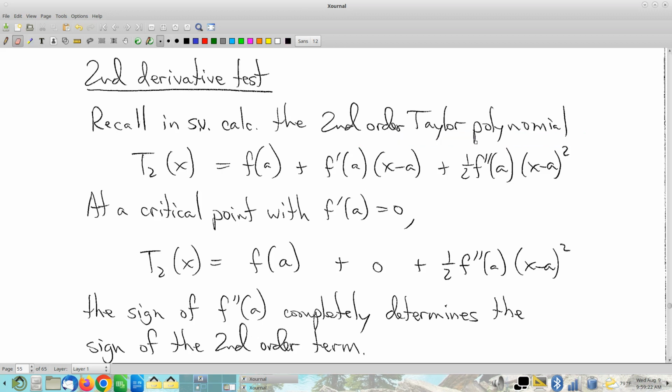Okay, so here we are with the second order Taylor polynomial for a single variable function. And I hope everybody remembers this business, right? So anyway, there it is. There's the Taylor polynomial. Now a critical point, right? Let's look at what happens when f prime is equal to 0. Well, if f prime is equal to 0, this whole term goes away.